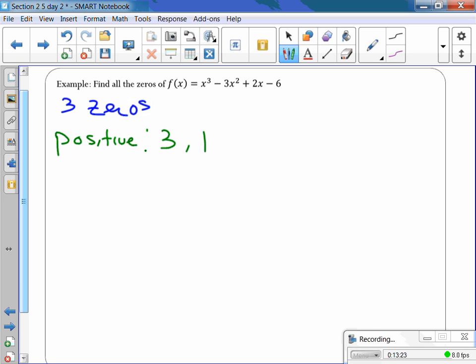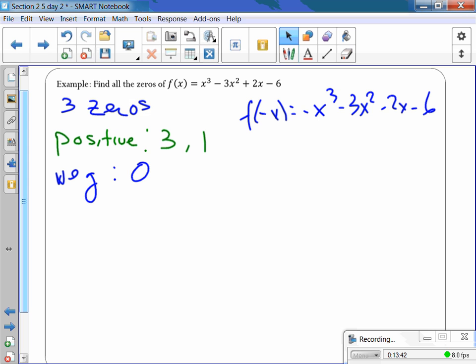And for our negative, what do we have? 0. So if we go ahead and do our f of negative x, we see that we have nothing but negatives. There are no sign changes. As Chris said, we have 0 negative real zeros.